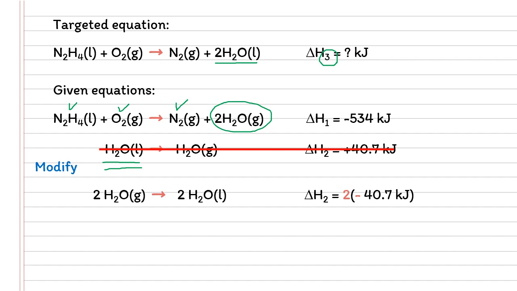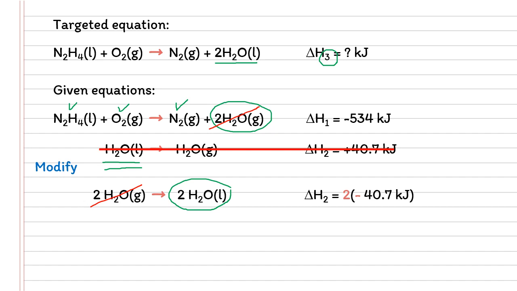Okay, so now we already have our 2H2O liquid on the left hand side, meaning the one that has the same species but on a different side, we can cancel them out. So we're going to cancel out these 2H2O and also 2H2O. Then we can calculate the enthalpy of H3.